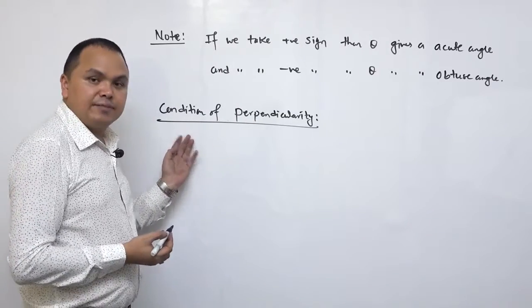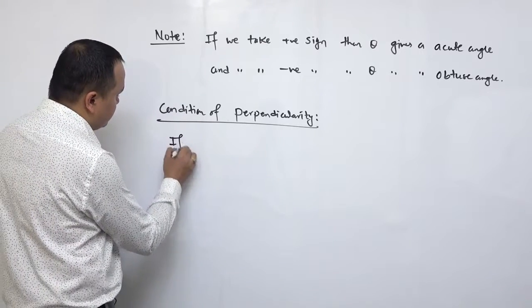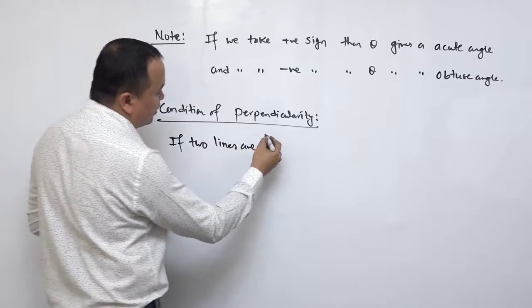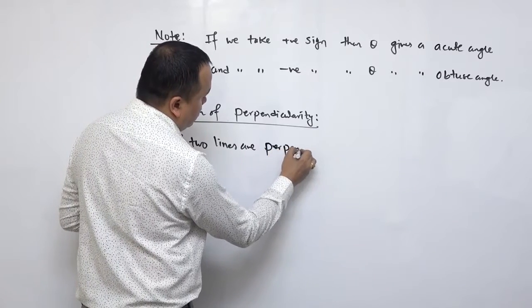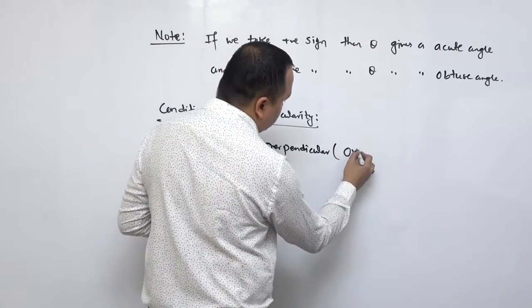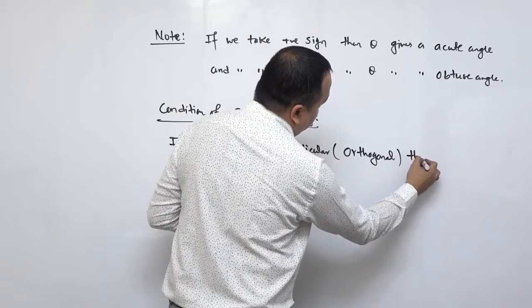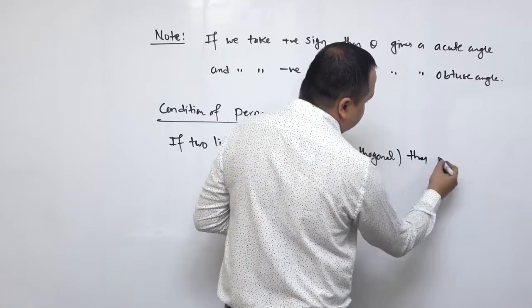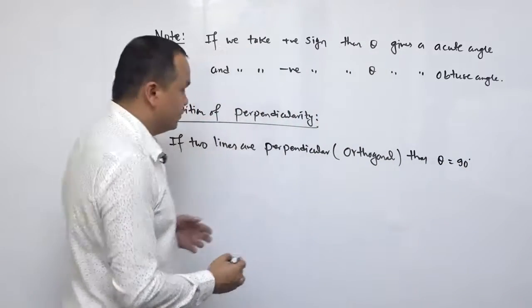If two lines are perpendicular, that is orthogonal, then theta is 90 degrees, pi by 2.